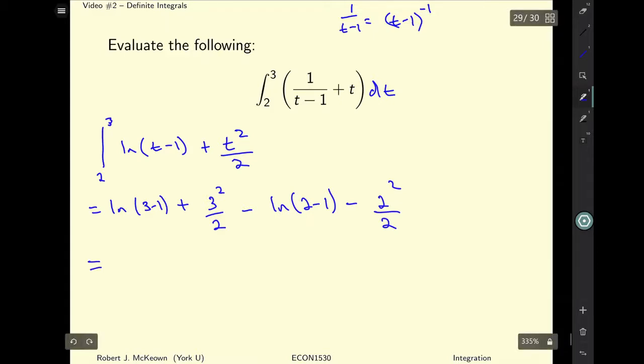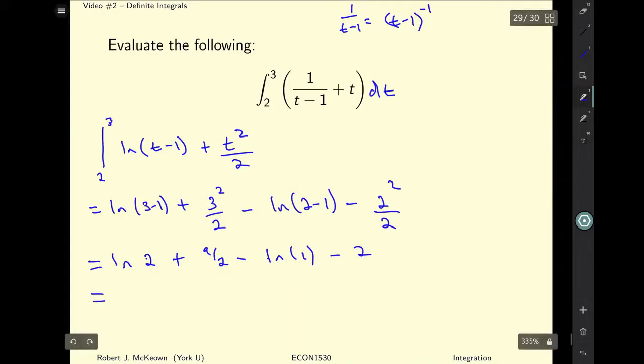And I'm going to get log 2 plus 9 over 2 minus, well, the log of 1 minus 2.